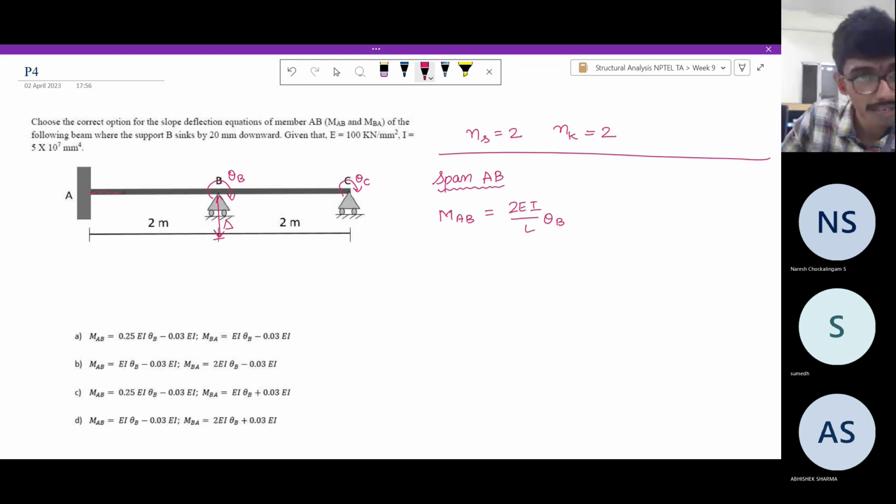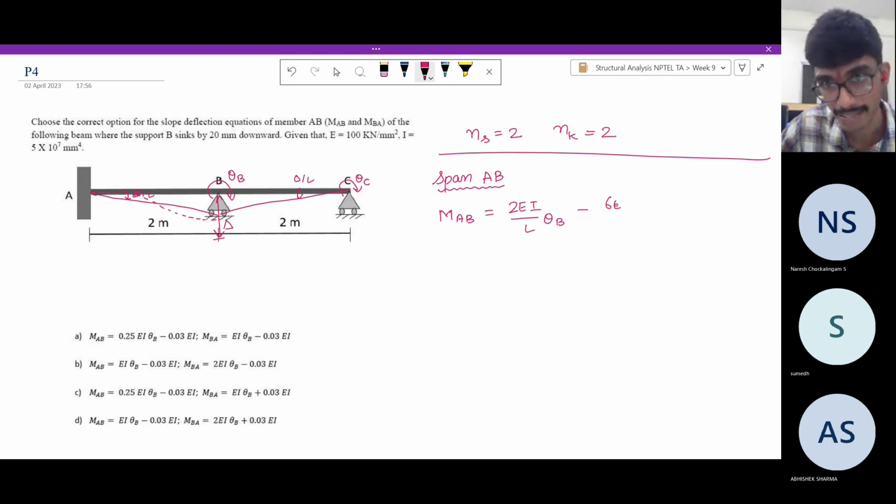So you see the deformed shape will be something like this. This chord is rotating in clockwise direction, delta by L. Here it rotates in anti-clockwise direction, delta by L. So here you will have this term minus 6 EI by L square delta, delta taken positive. The span is 2 meters, so it is nothing but EI theta B minus 6 EI by L square delta.